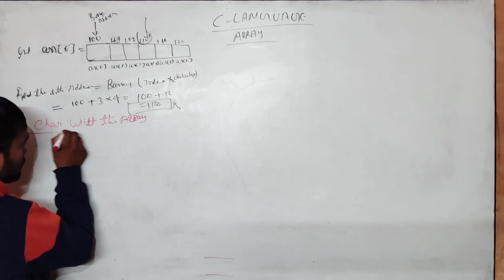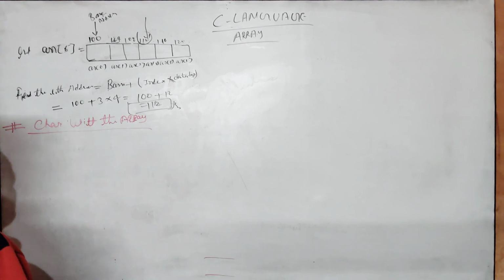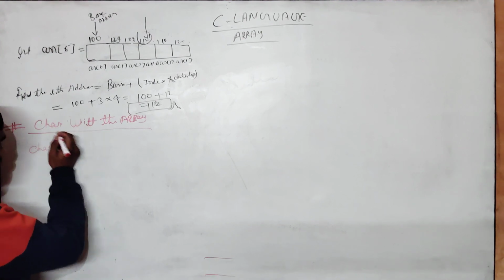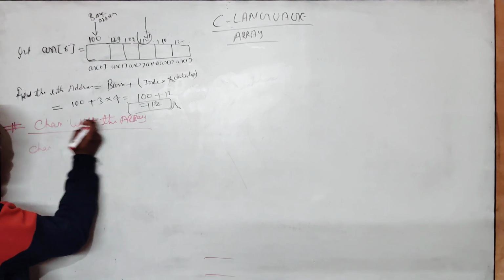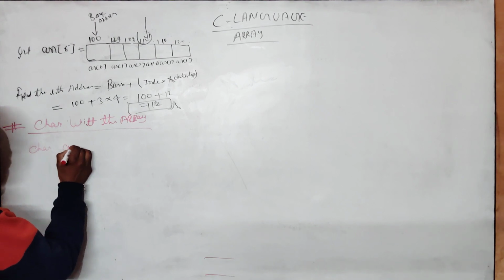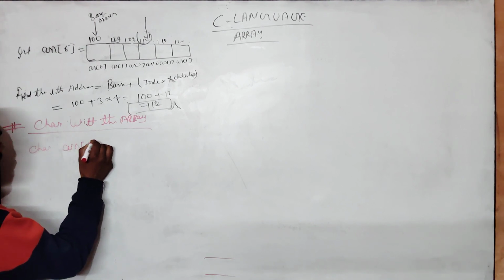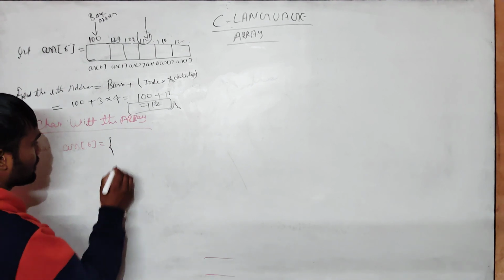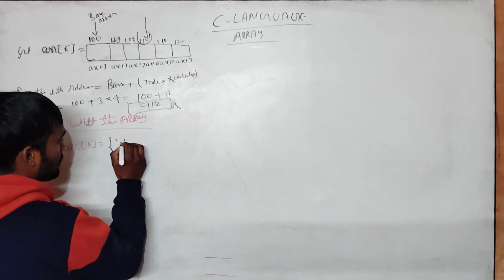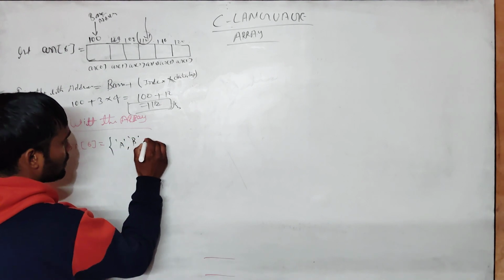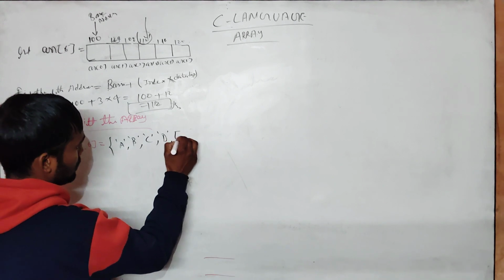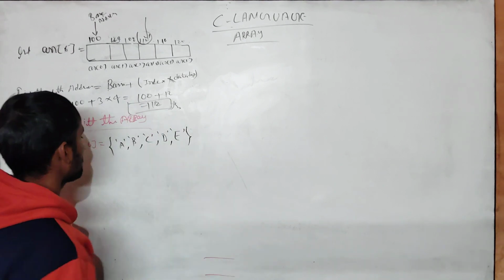Here I am writing character ARR of 6, with characters A, B, C, D, E.